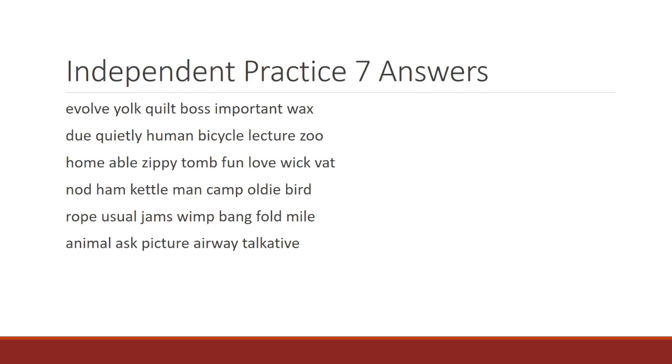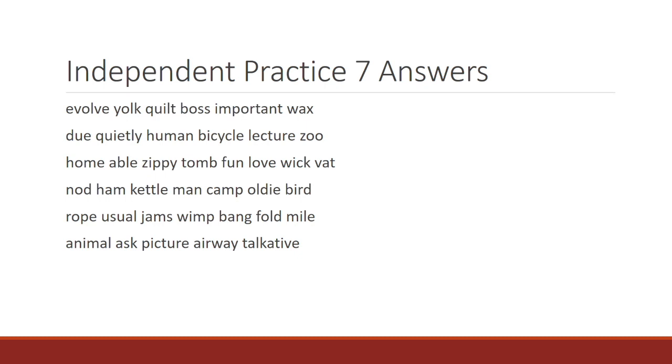The first line are the words evolve, yoke, quilt, boss, important, wax. The second line is do, quietly, human, bicycle, lecture, zoo. The third line is home, able, zippy, tomb, fun, love, wick, vat.